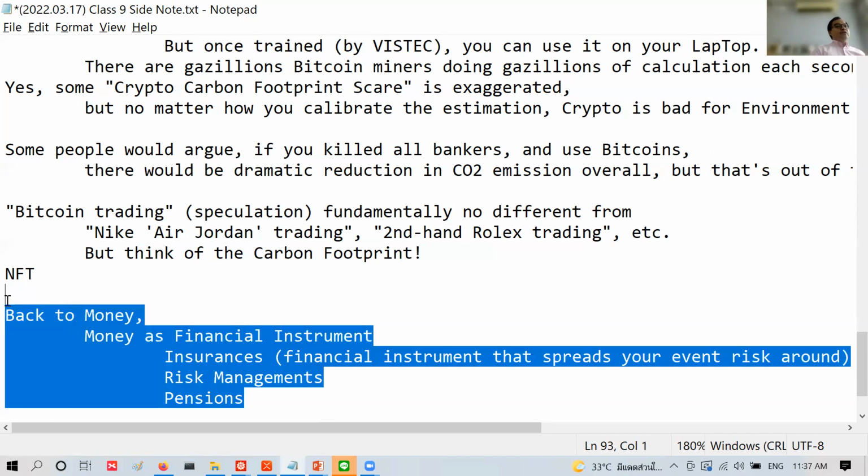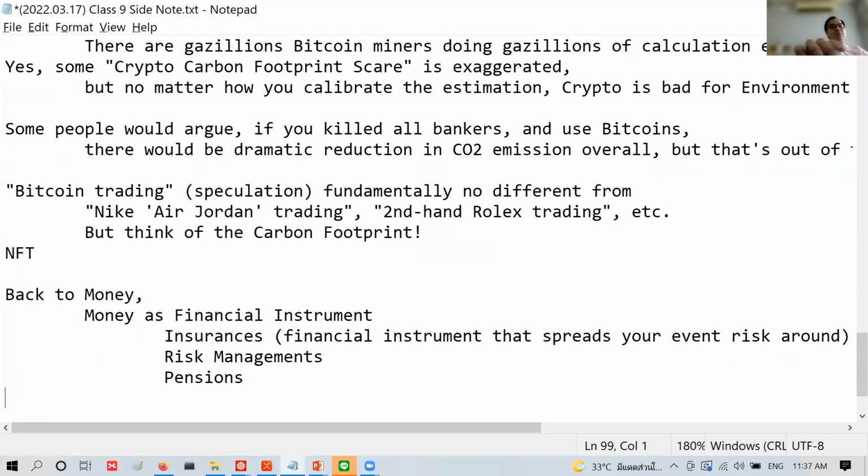These are all financial instruments. Now, a financial instrument in a way is equal to money plus a legal contract, right? For example, say I pay you 10,000 baht this year, so that when my car crashes, you pay for the fixing.